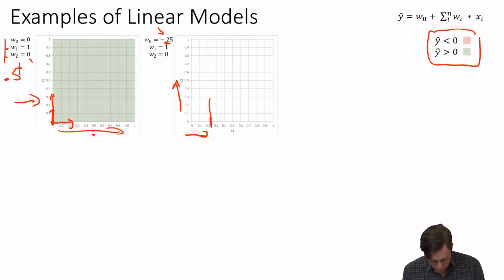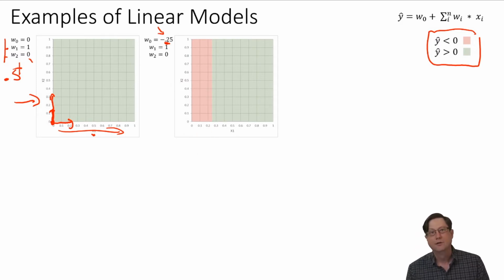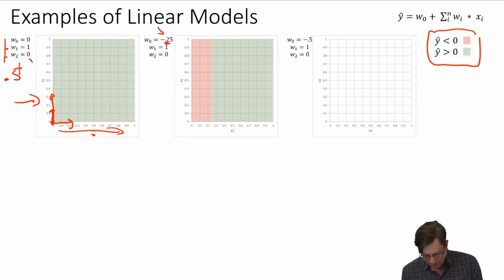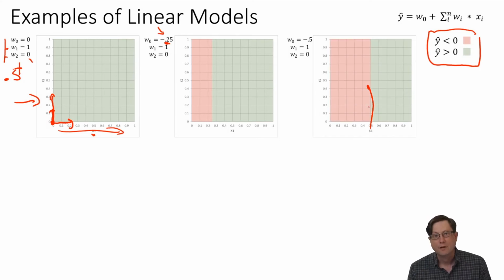If x1 is 0.25 or less, the answer would be negative, and 0.25 or more, the answer would be positive. So in this case, that would be the classification produced by that logistic regression model. Let's do another one. We're just moving it over even further. So that's what's happening with that.